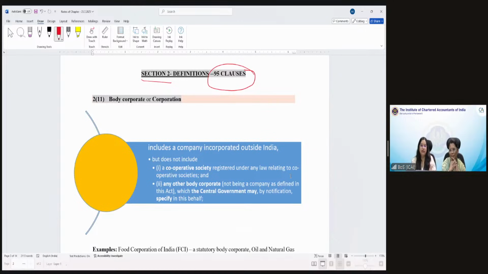But in the definitional clause, you have to say section 2, clause 11. Repeat after me: section 2, clause 11, section 2, clause 11, section 2, clause 85. You can write it as 2(85). But when you are talking to your CA friend, you will say section 2, clause 11. I hope it's clear.